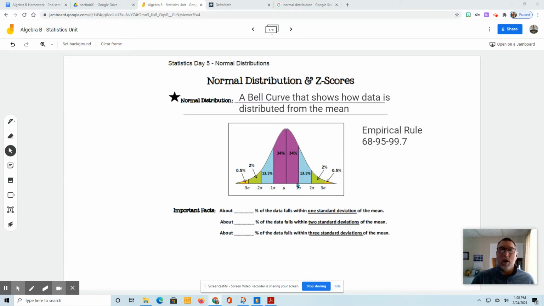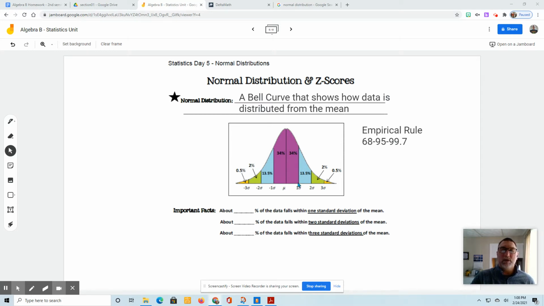So if we go up one standard deviation here, two standard deviations, three standard deviations to the positive end, and then it could be -1, -2, -3 going the other way. So we divide this into 34% on each side of the mean.